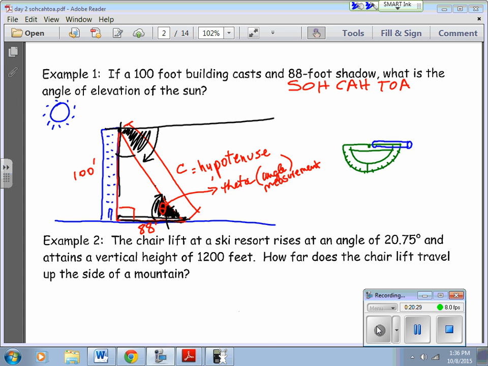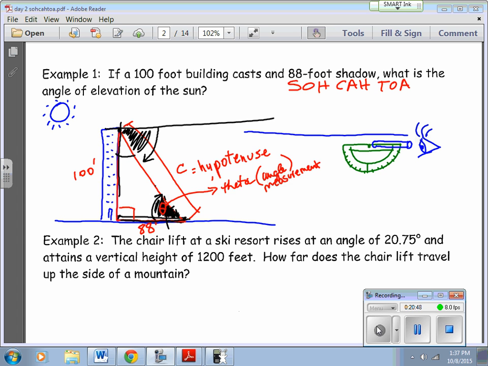And what we're going to do is we're going to look with our eyes. And we want to make sure that when we use the clinometer that it's to our eye height.